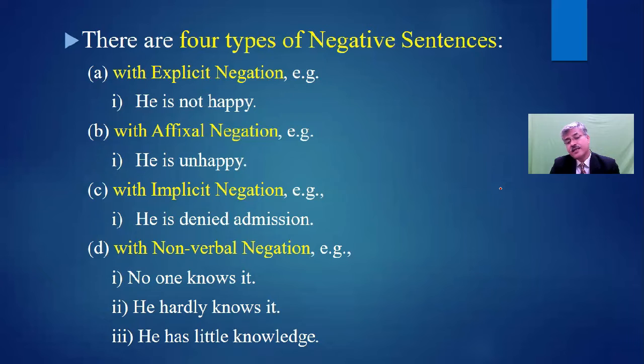With implicit negation, he is denied admission. It looks positive, but there is a negation, denied. With non-verbal negation, for example, no one knows it, he hardly knows it, he has little knowledge. Here in these examples, no one, hardly, and little are used as non-verbal negation.